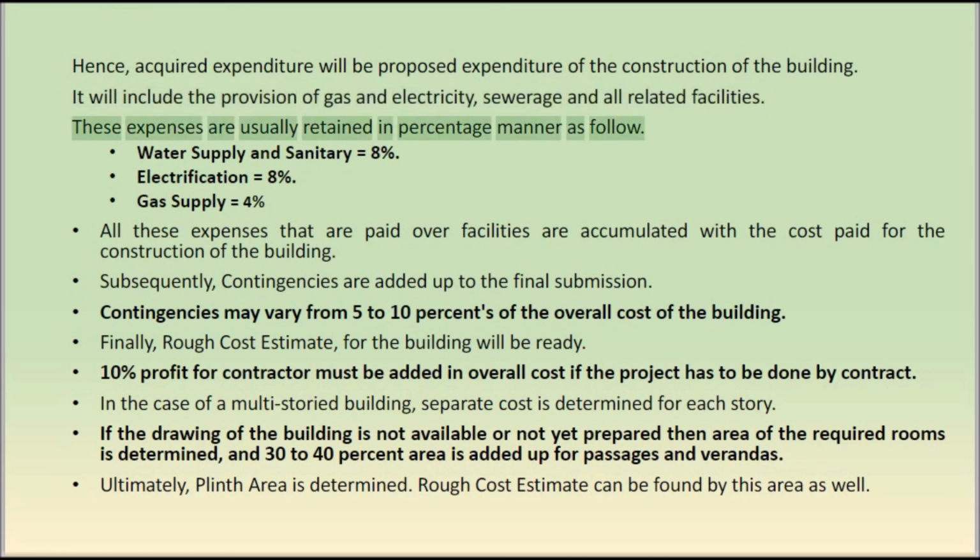These expenses are usually retained in percentage manner as follows. Water supply and sanitary equals 8%. Electrification equals 8%. Gas supply equals 4%. All these expenses that are paid over facilities are accumulated with the cost paid for the construction of the building.